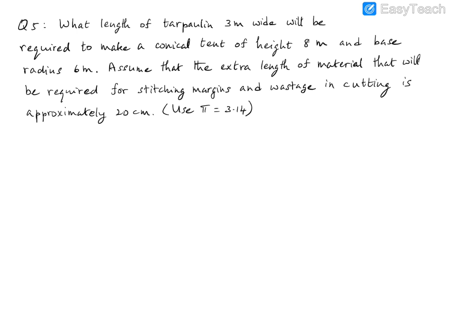Given: height h equals 8 meters, radius r equals 6 meters. So from this we can find the slant height.